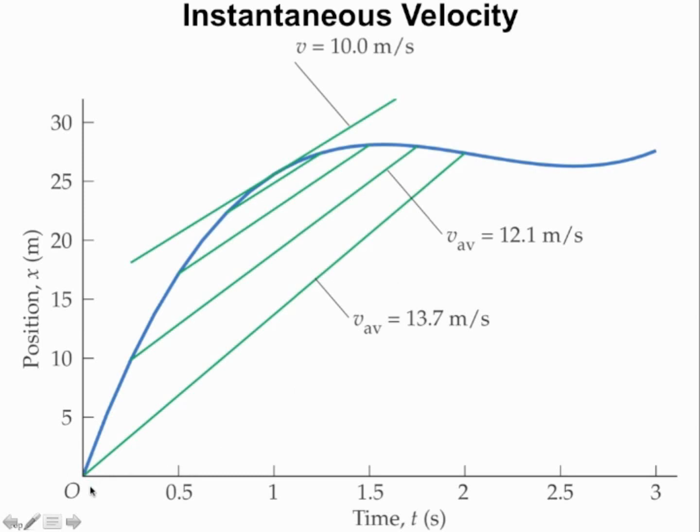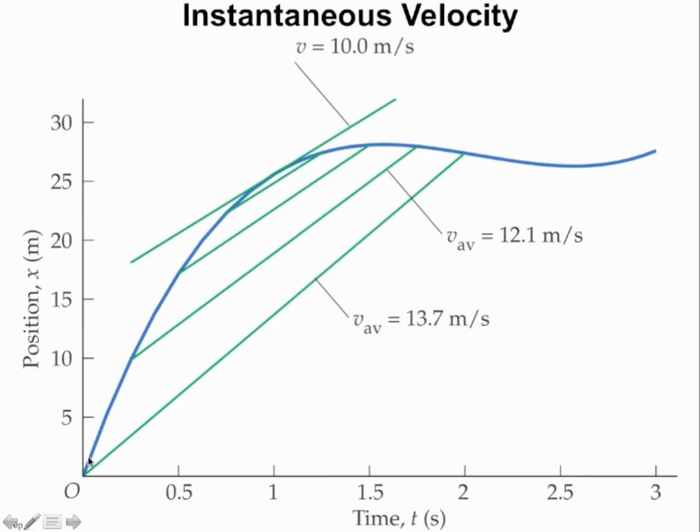This is a position versus time graph, and let's look at this first green line segment where it says VAV equals 13.7 meters per second. All they did there is connect the dots. If you look at this blue line, the beginning dot is right at the O, and the ending dot is the point that I'm indicating now with the mouse arrow. The line segment simply connects the dots.